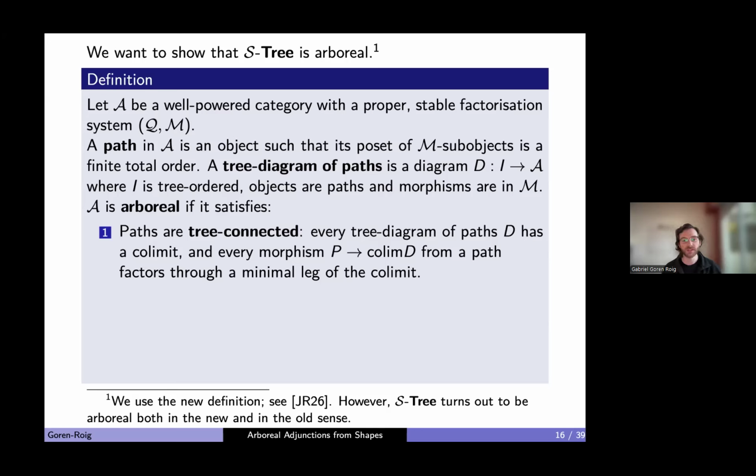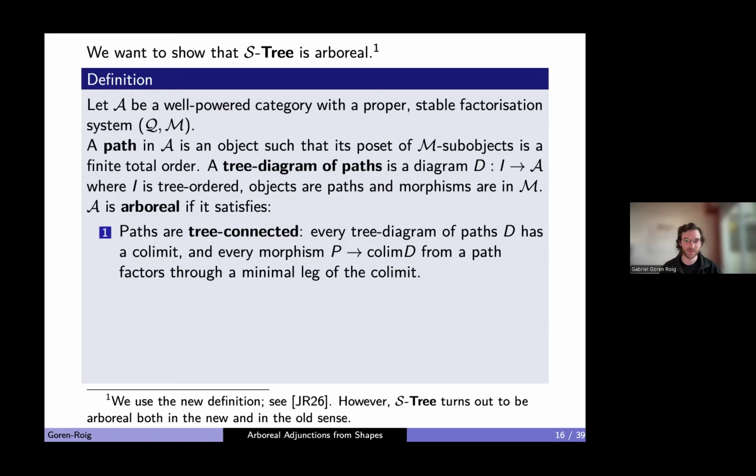And then there's a special kind of diagram that we have to look at in this category, which are called tree diagrams of paths. These are diagrams in our category which are indexed by something that is a tree, so a category that is actually a poset and is tree ordered. So trees start to appear in different layers here.